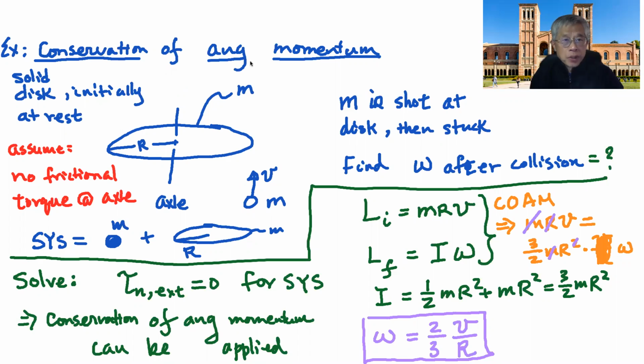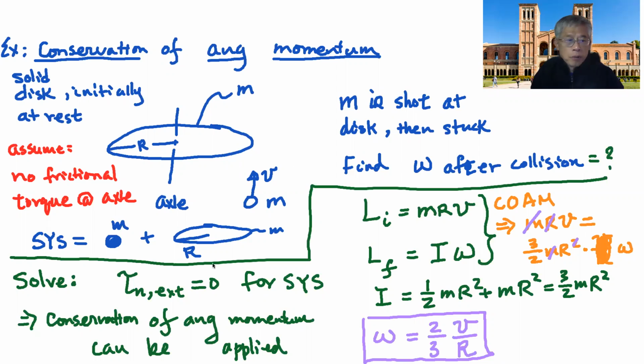We have a disk initially at rest, and a point mass shooting at it, and after the shot, it gets stuck. We want to find the omega of this system, the point mass plus the disk, after the collision. We assume there's no frictional torque at the axis.